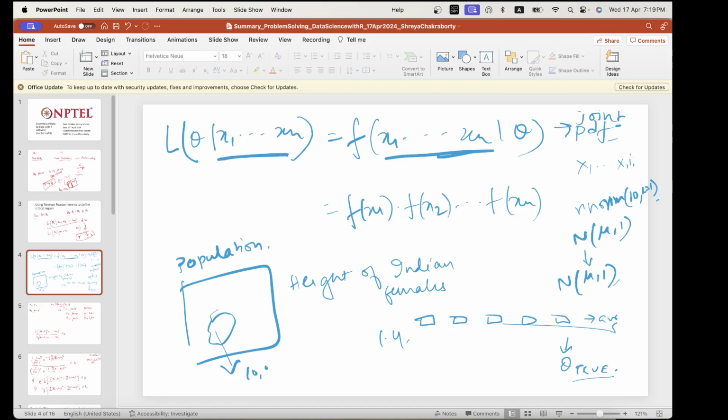Let's say I collect 10,000 data points, and then I'll have the sample average X bar, which is an estimate of the population parameter. These 10,000 individuals form my sample, and that will give me my X's, the data. I'm going to use this data to estimate the true parameter. So theta is actually the population parameter.